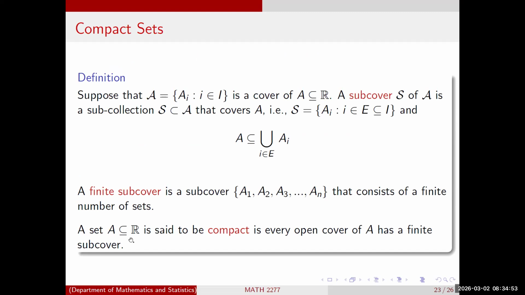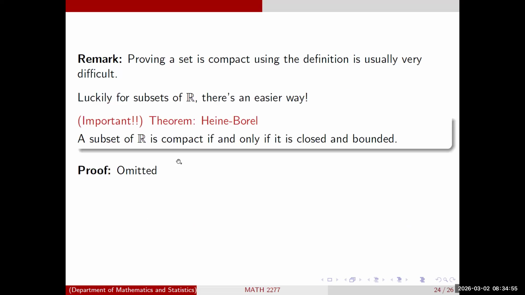The easy way is to use the Heine-Borel theorem: show that the set is closed, and show that the set is bounded. Bounded means it has a lower bound and an upper bound. You don't even need the supremum and the infimum, because the supremum and infimum are special types of bounds. I just need a lower bound and an upper bound.